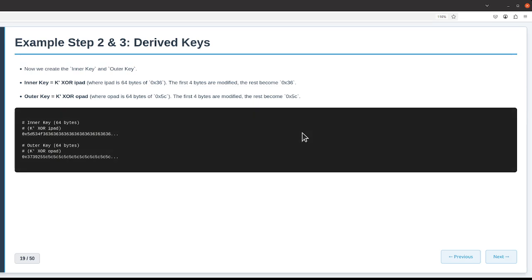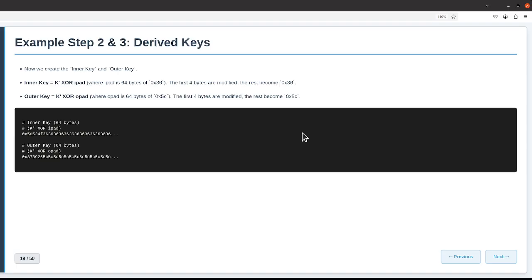Derived keys. Now we create our inner and outer keys. We take our 64-byte processed key k and XOR it with the IPAD and OPAD constants. The IPAD is the byte 0x36 repeated 64 times. When we XOR k with IPAD, the first 4 bytes change, and the remaining 60 bytes are all 0x36.